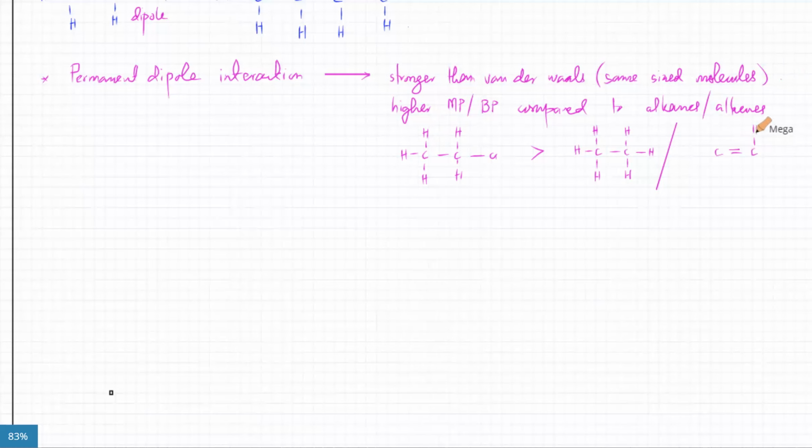So we can include ethene over here. This is talking about the melting points, right? Is that clear? Yes, sir.